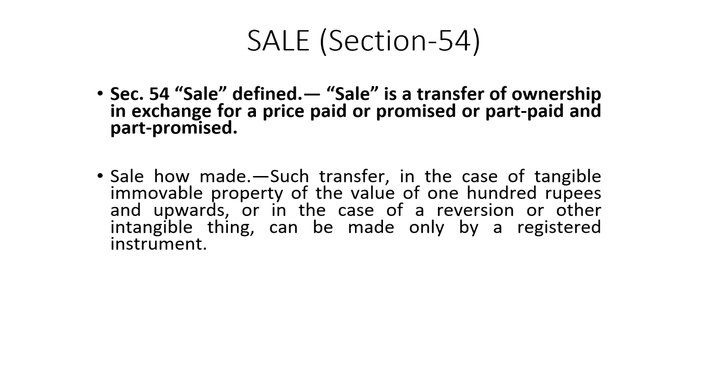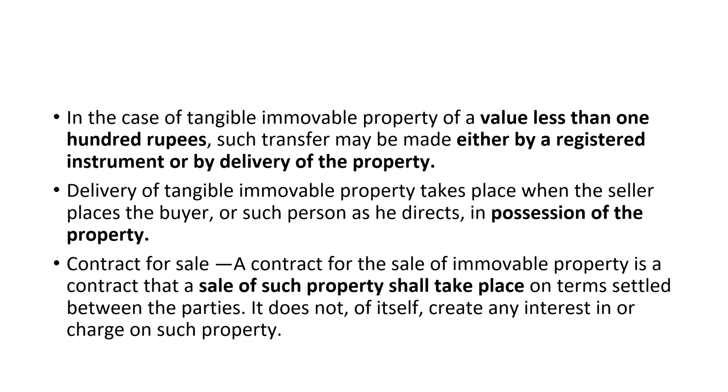It says that such transfer, in case of tangible immovable property of the value of 100 rupees and upwards, or in case of a reversion or other intangible thing, can be made only by a registered instrument. Further, in case of tangible immovable property of a value less than 100 rupees, such transfer may be made either by registered instrument or by delivery of property.